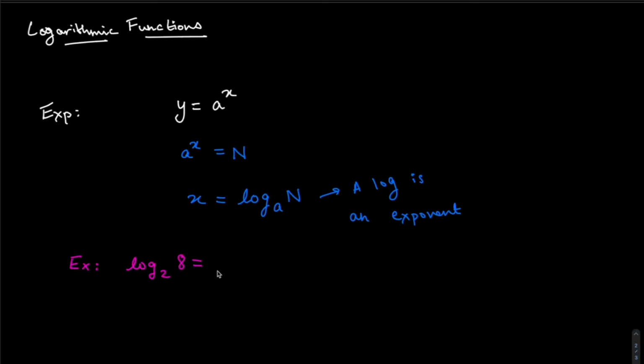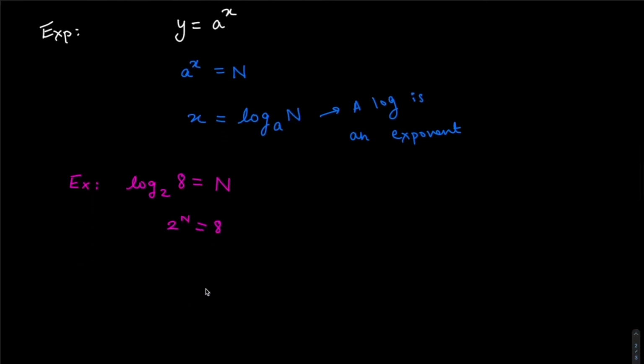Essentially this is equal to some number, so 2 raised to the power of some number is going to give me 8. Well, by observation, you know that it's equal to 3. So n is equal to 3. Your calculator can easily do this without any difficulty. This is essentially how the log function works.